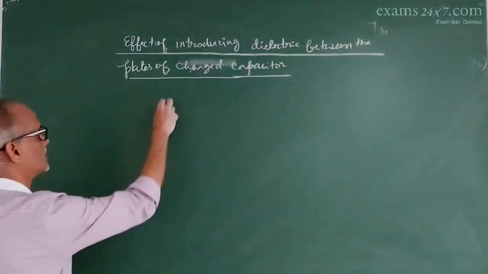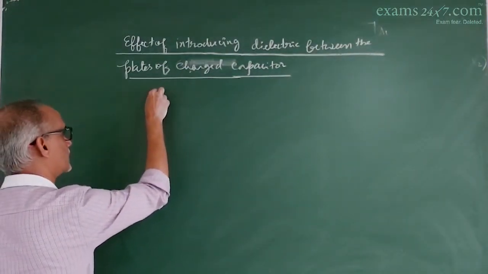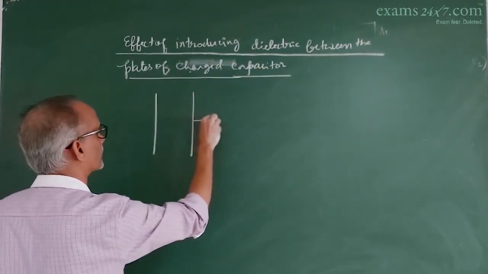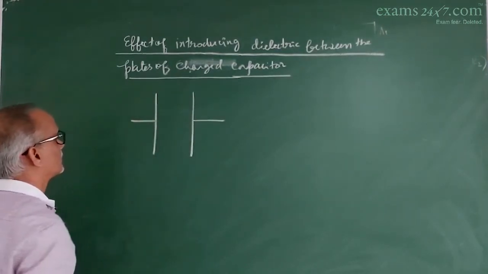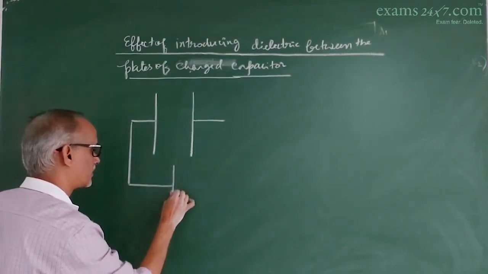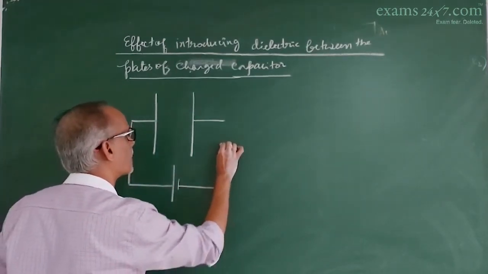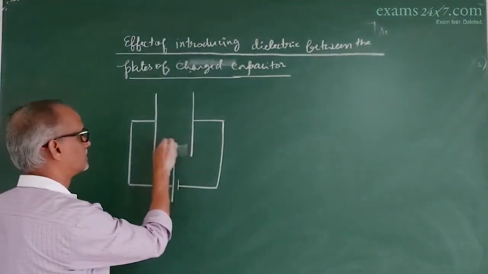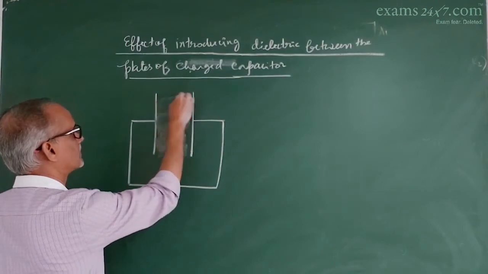So first let us consider a capacitor which is already charged, and it's still connected to the battery, and now we introduce a dielectric here in the presence of the battery.